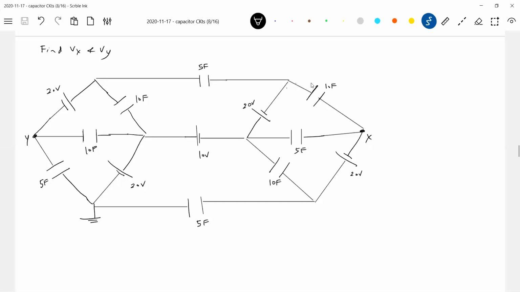I'm asking you to find potential x and y. So there's a potential 0 as defined. And I'll proceed like this. Okay, this circuit is very big.